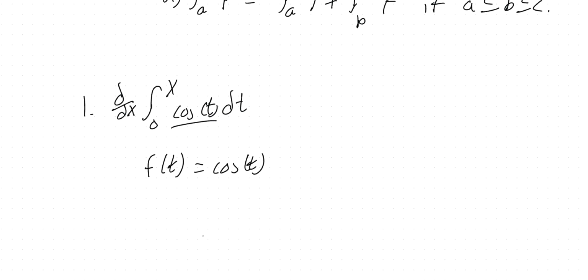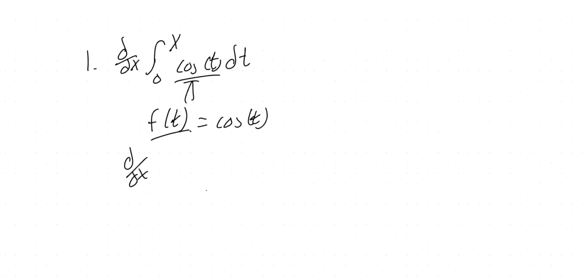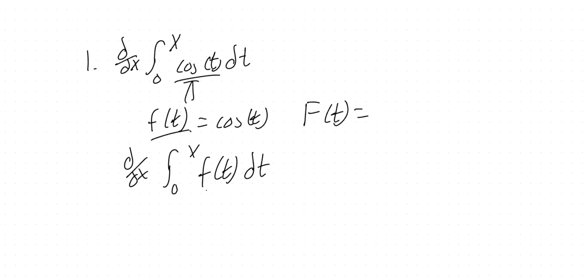Then after this, I'm just going to plug our f of t into our integral. So it's the derivative here of the integral from 0 to x, but now it's f of t. And in this case, we're going to define big F of t as basically the integral of little f of t.